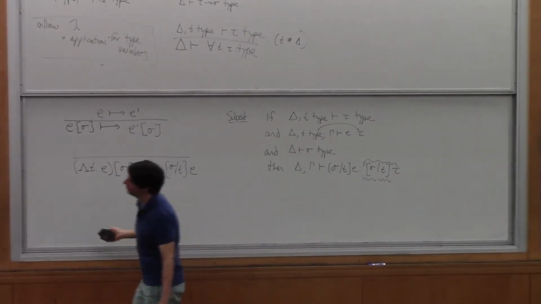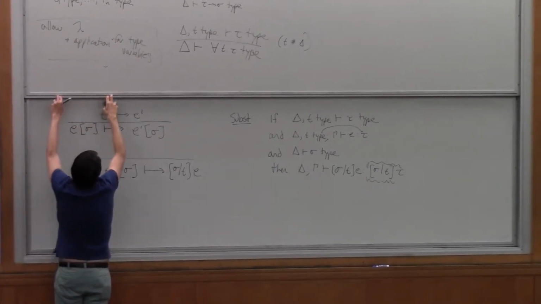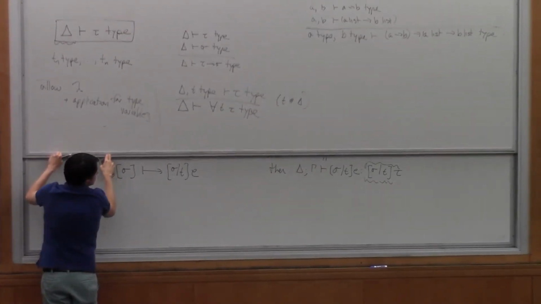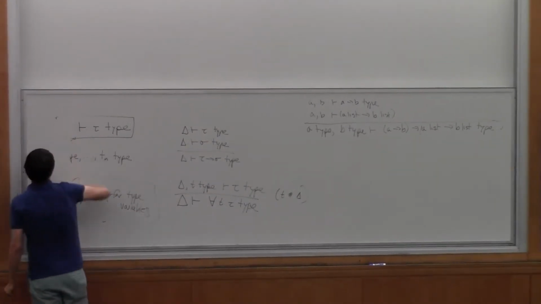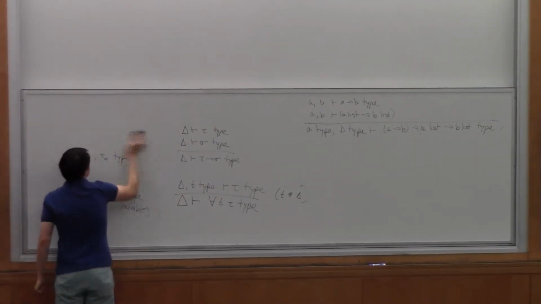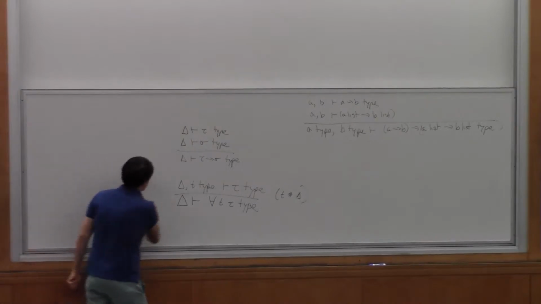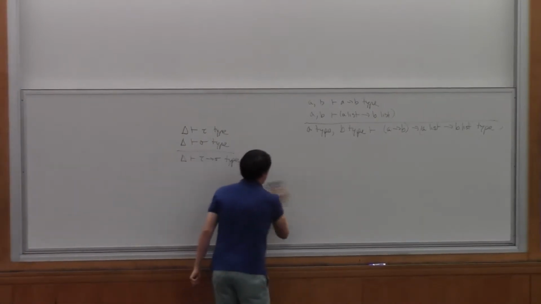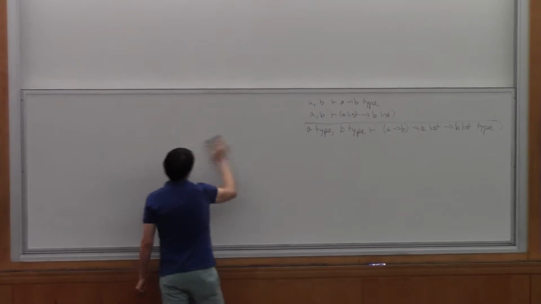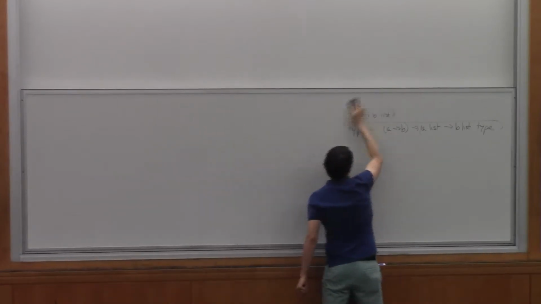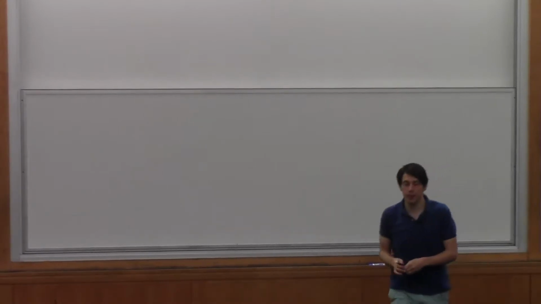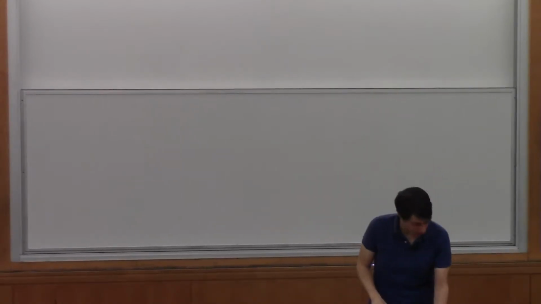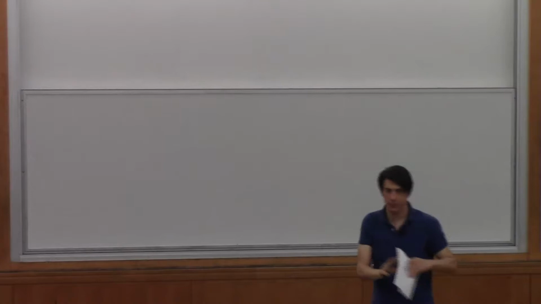Second of all, I want to make a distinction between two kinds of polymorphism and talk a little bit about what kind of polymorphism we're talking about here.